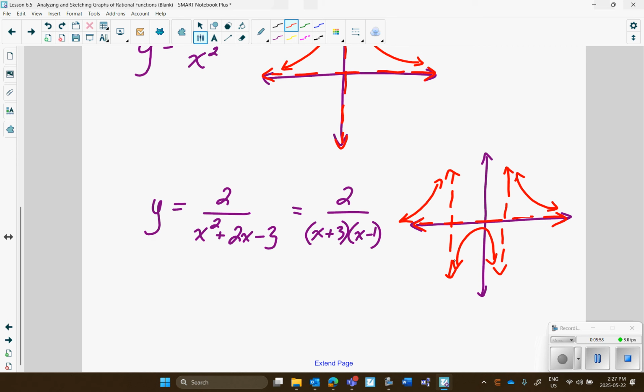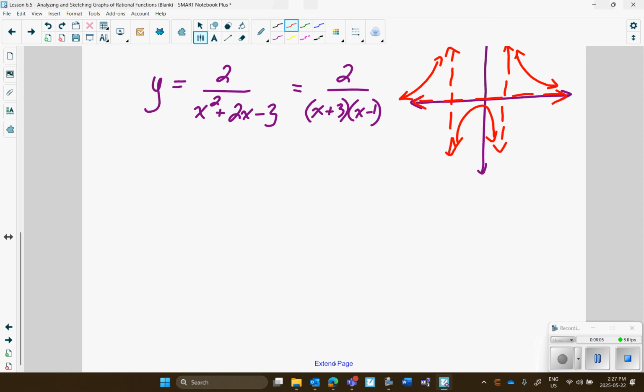Finally, and this is all we're doing from 6.4, we had one with an x squared on the bottom, but we couldn't factor it.